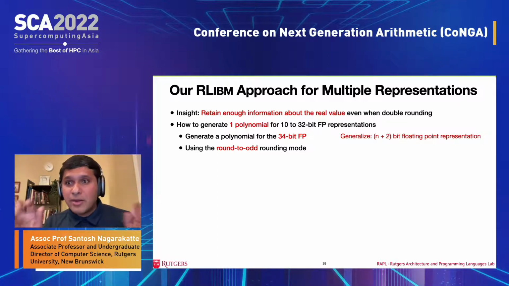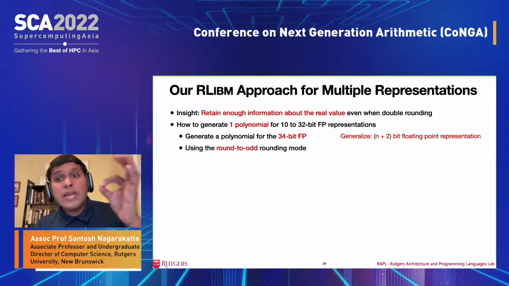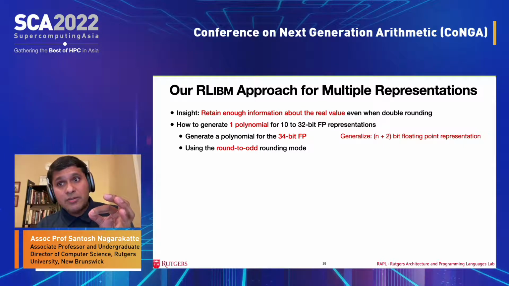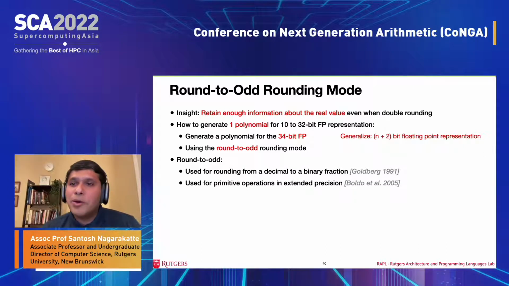This is a non-standard rounding mode, which I'm going to describe. Let me repeat the insight again. If your goal is to generate a correctly rounded library for a representation with n bits or lower, with any of the 5 rounding modes, create a correctly rounded library for an n+2 bit representation with the round to odd mode. So what is this round to odd mode?